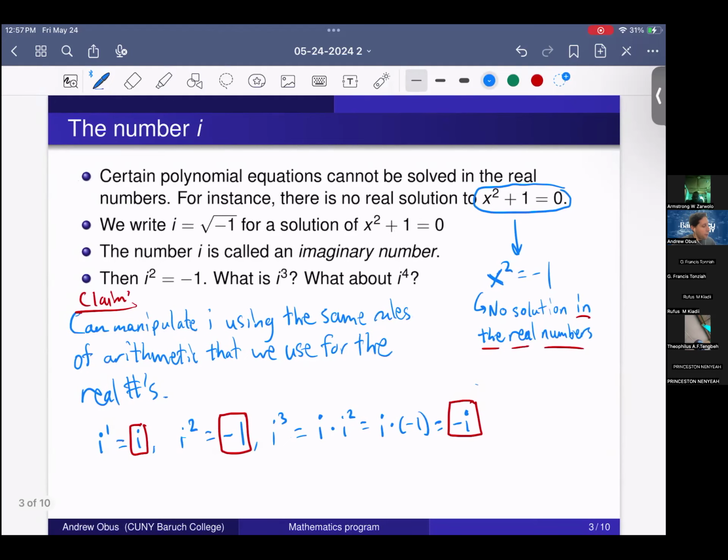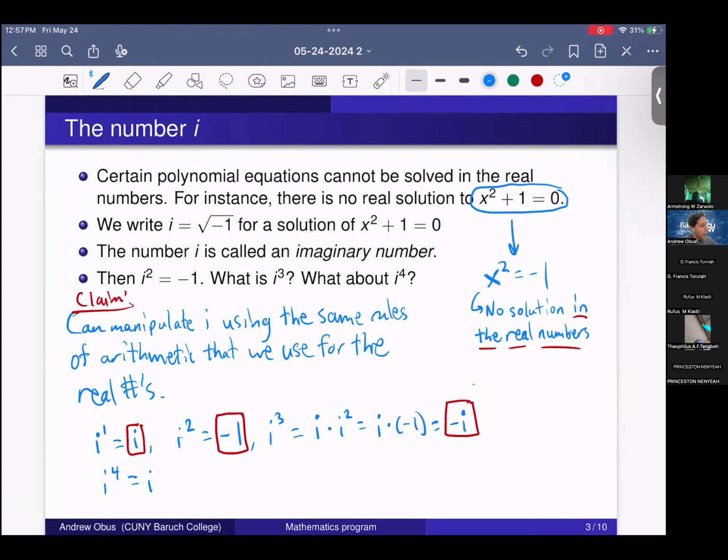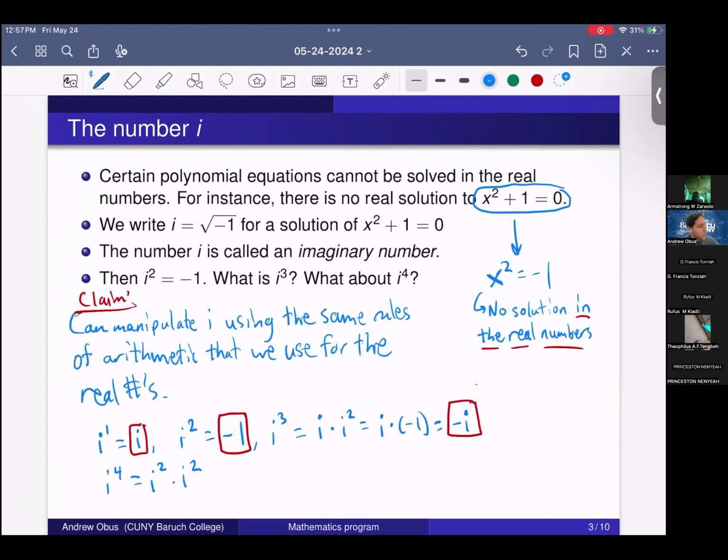And what about i to the 4th? We can do this in two different ways. I could say i to the 4th is i squared times i squared. That's how the rules of exponents work. Since i squared is -1, you get -1 times -1, which is 1.